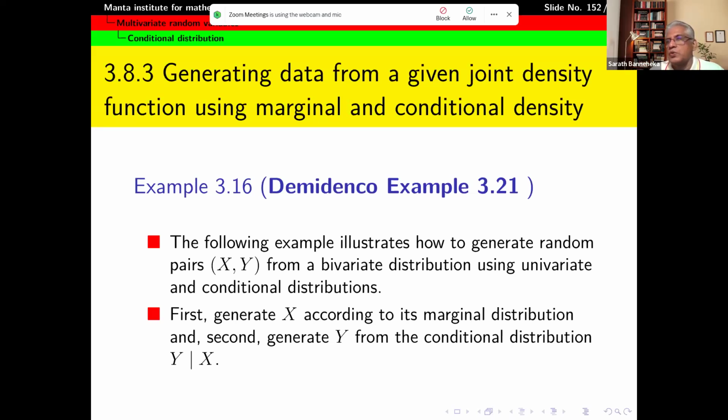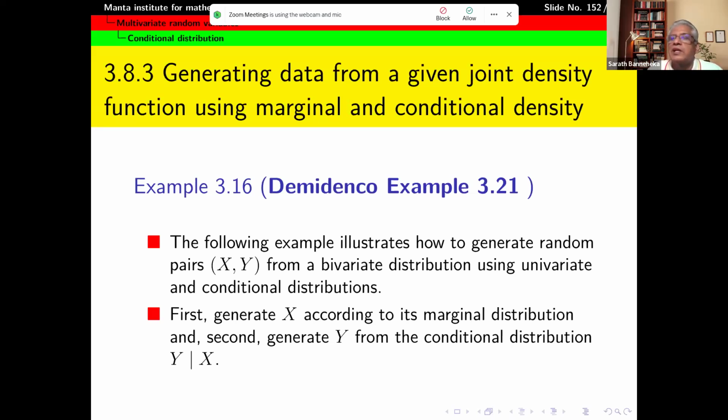The conditional distribution will be a function of a single variable in that case, so it's easy to generate data from that distribution. The marginal distribution is also a function of a single variable, so it's easy to generate from that also.